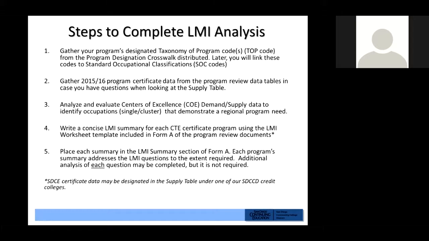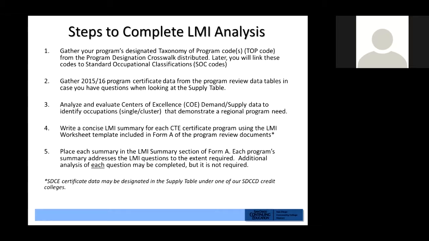In reconciliation, I mean that students who completed a program in 2015-16 need a certain amount of time to get into the workforce. Therefore, data for 2016-17 would not yet be available in the supply table. So the latest year that you have access to within the supply table is 2015-2016.